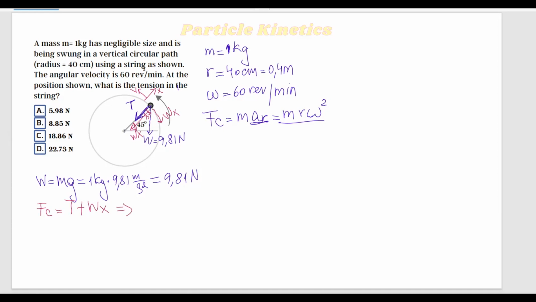So now let's substitute. We're going to have mass R omega squared is equal to tension in the string, which we don't know, we have to calculate, plus WX, which is weight cosine 45 degrees.